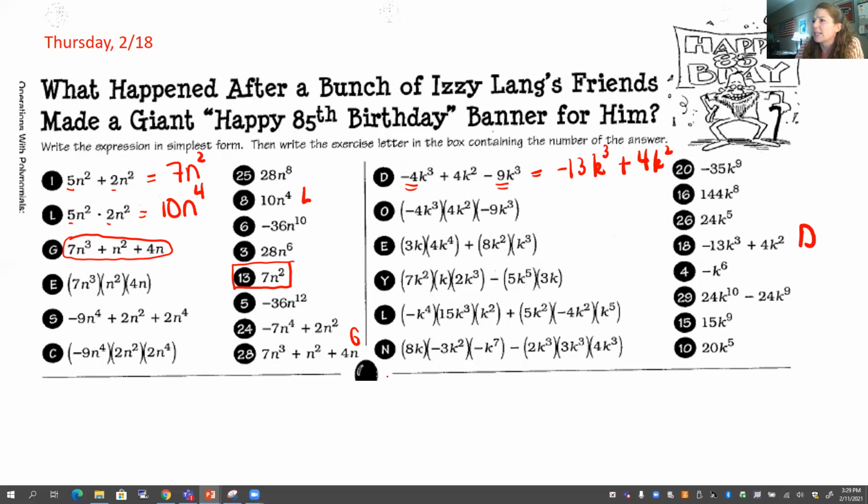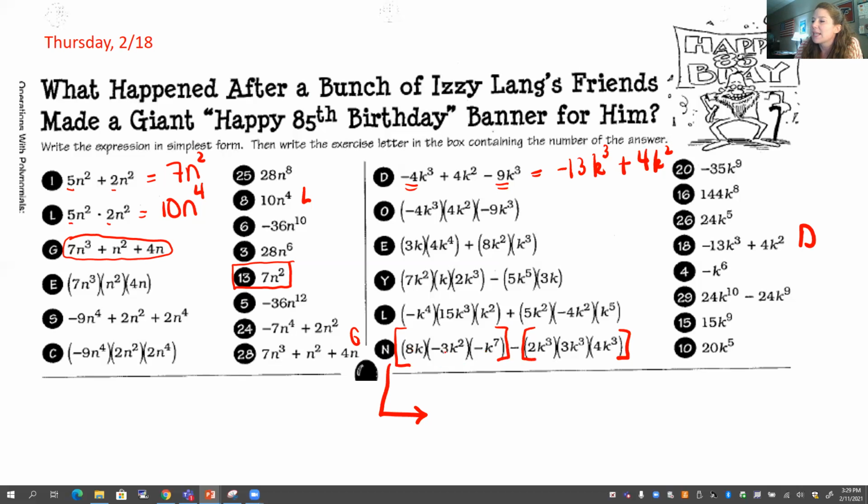All right, so then let's jump down to letter N. That one looks more complicated. So letter N, this is a multiplication problem. And this is a multiplication problem. And the last thing we'll do is subtract them. So we're going to multiply 8 times -3 times -1, right? There's a -1, that coefficient.